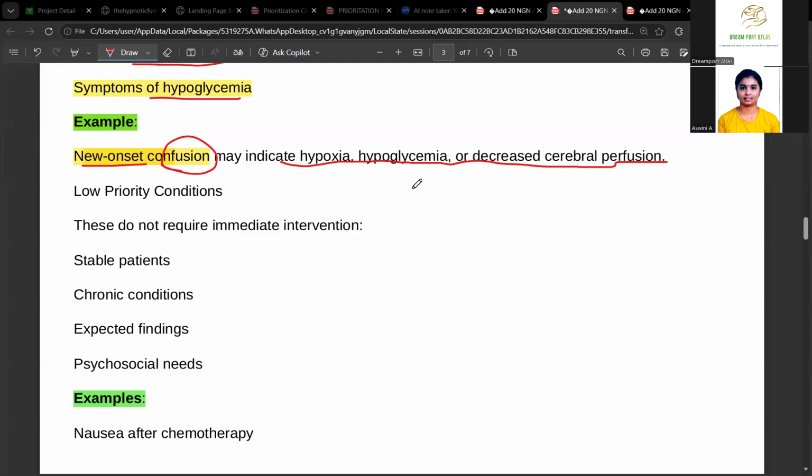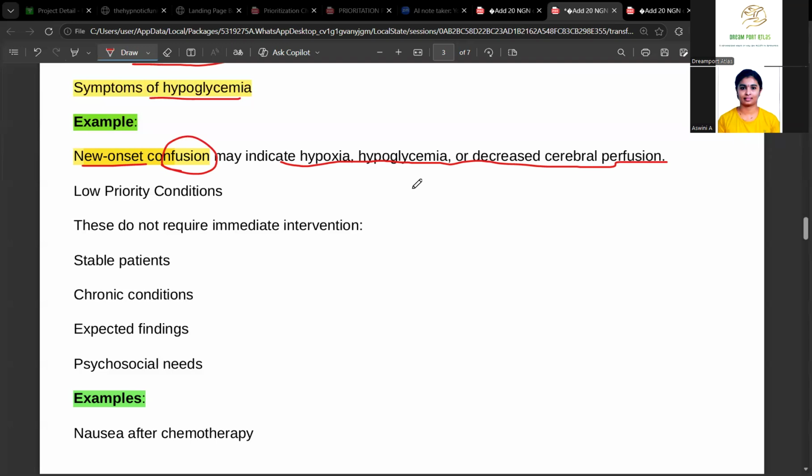When we read a scenario, first we look for whether the condition is stable, and you can eliminate that option. If it is a chronic condition with stable vital signs, you can eliminate that option. If it is an expected finding, you can eliminate that option. And if it is a psychosocial need also, you can eliminate it.